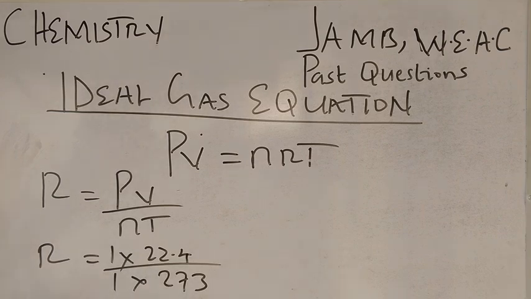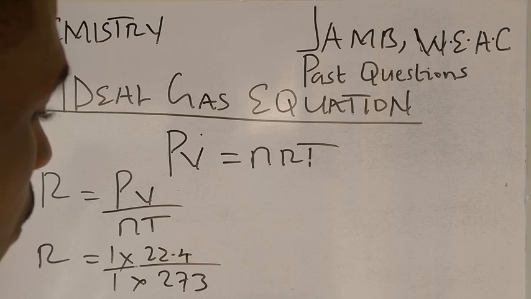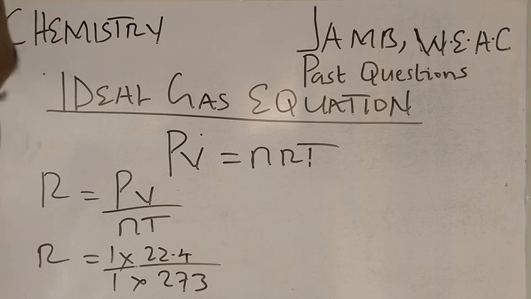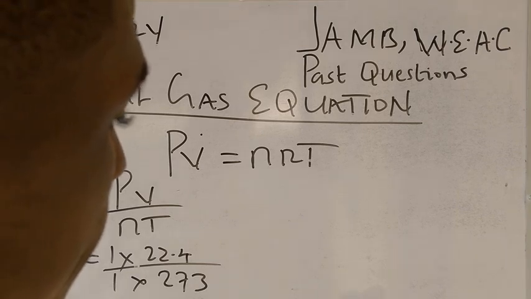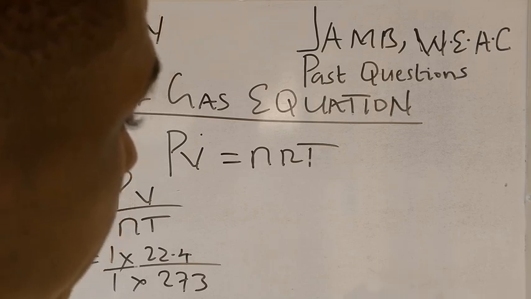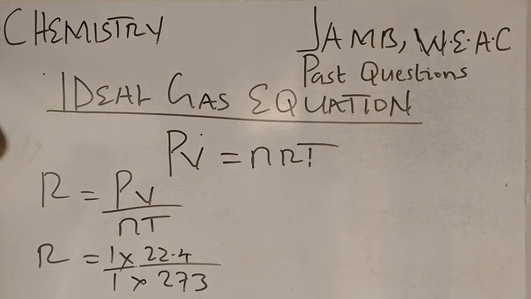So R is equal to 0.08205, and the unit will be atm dm cube per mole per Kelvin.